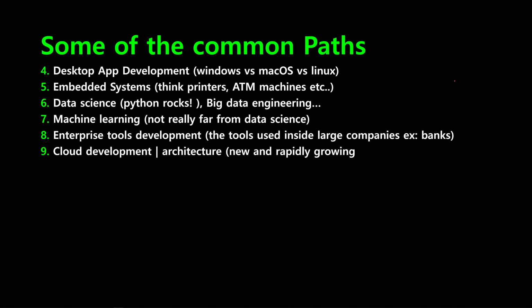And then we have cloud development or architecture, which is new and rapidly growing. Really interesting to look into these days. So basically, these days companies are no longer hosting their applications on their local servers. It's no longer cool to buy a server and keep it in your house or your office and host your application and your database there.